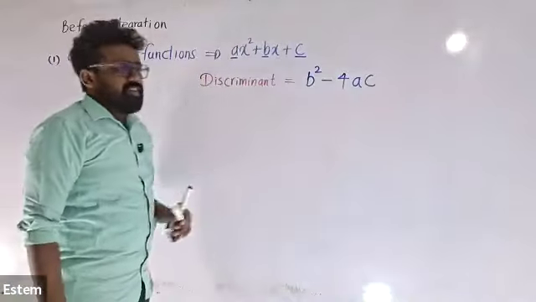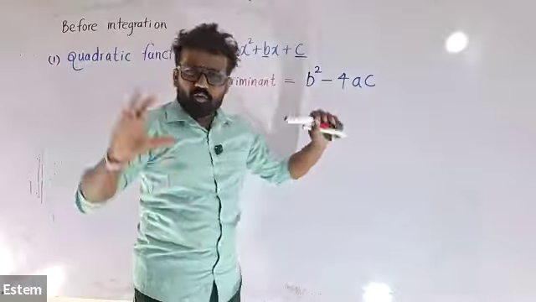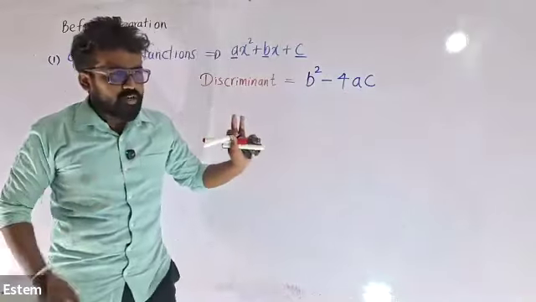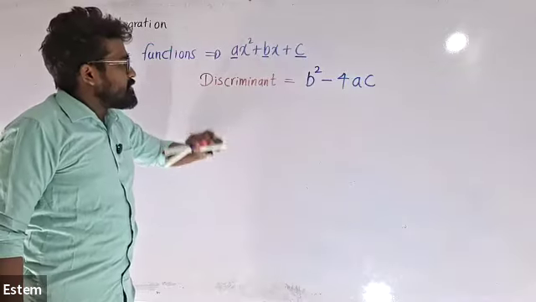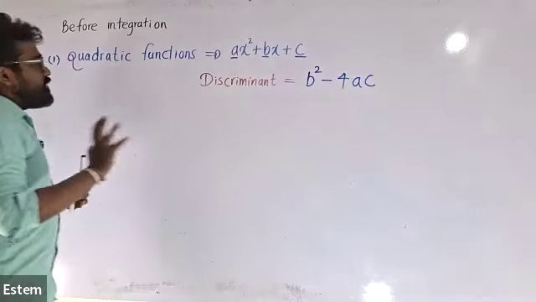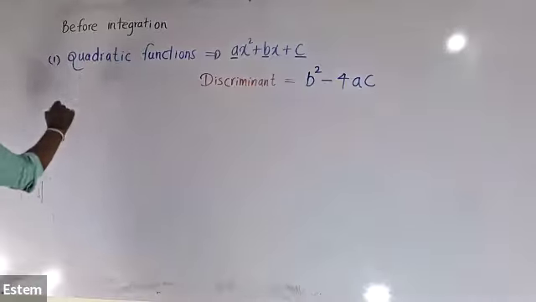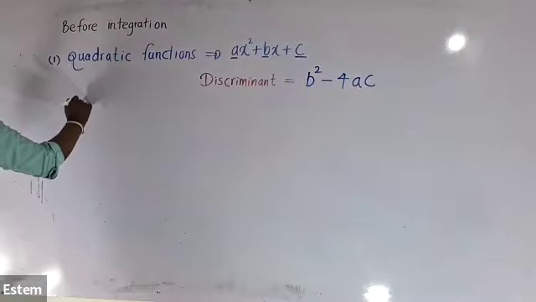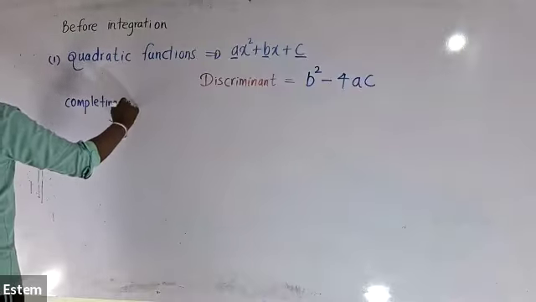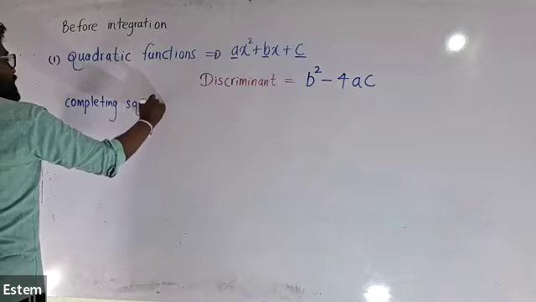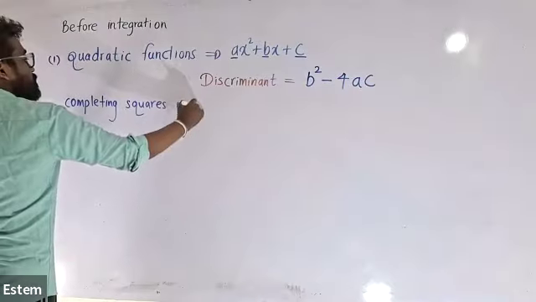This is the discriminant. What is the importance of the discriminant? All of it will be discussed. Don't worry. Then, what do you know about the completing squares method? If anyone knows, please raise your hand.